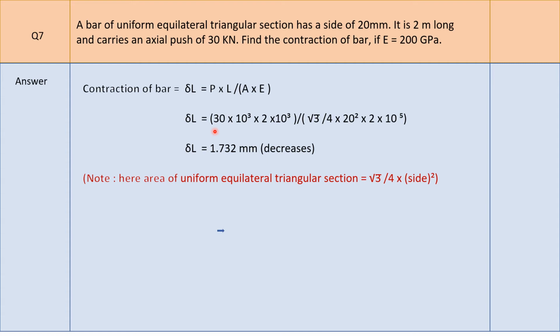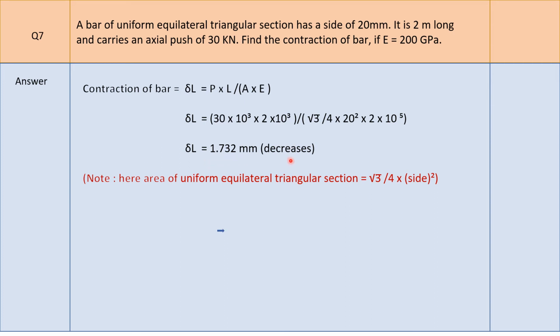Here bracket open, 30 exponential 3 into 2 exponential 3 bracket close divided by bracket open root 3 divided by 4 into 20, then press the button x square into 2 exponential 5 bracket close is equal to. Check, are you getting the answer?